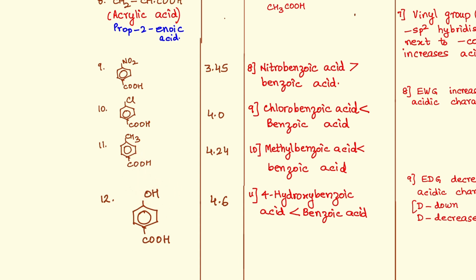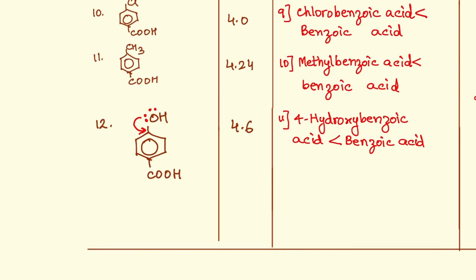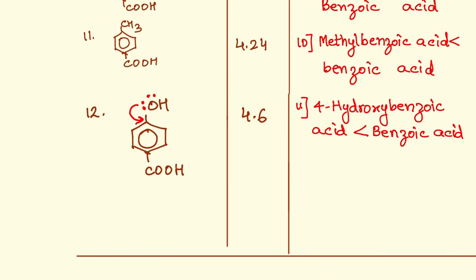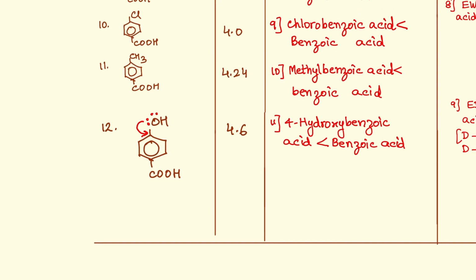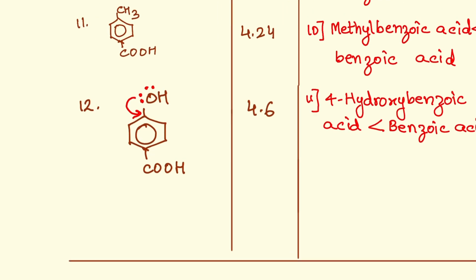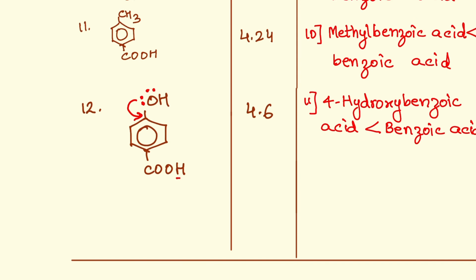How is the electron donating group? Because here we have oxygen which is rich in electrons, and it will be happy to share its electrons with the benzene ring. Now when it does that, what happens? Yes, the benzene ring becomes rich in electrons. Will it allow the proton to go away easily? No, because our proton is actually positively charged.